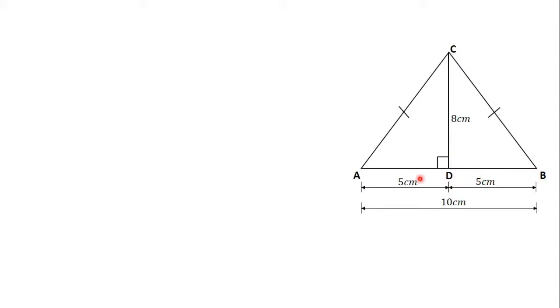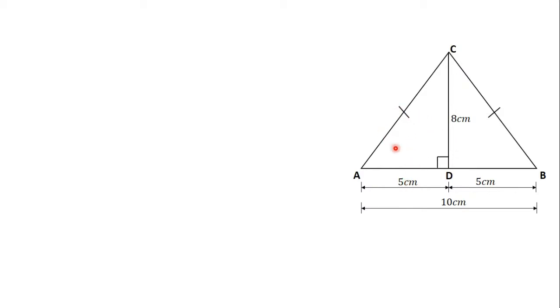So for isosceles triangles, if you draw a line from this point to meet the base, which I'm calling point D, AD will be half of the base and DB is also half of the base. So the base is 10 centimeters and half of 10 centimeters is 5 centimeters.